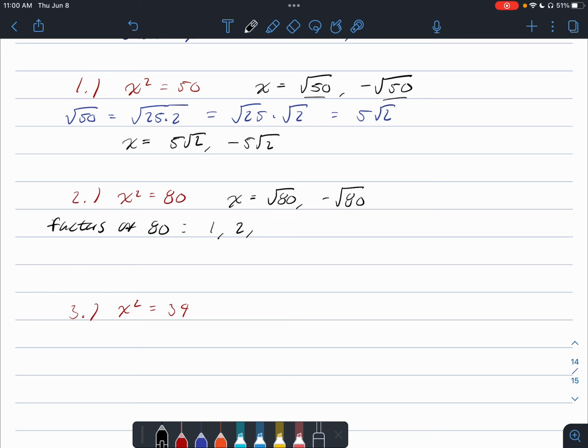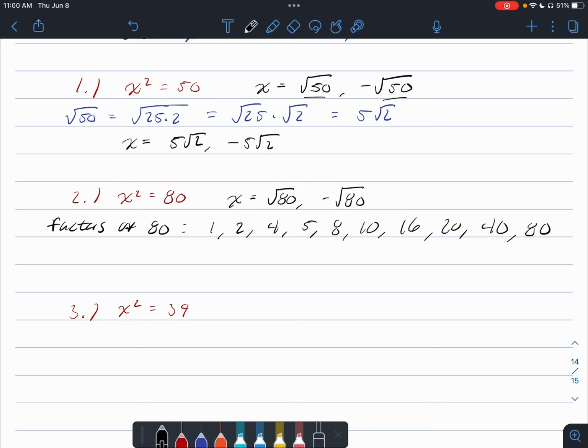So we have 1, 2, 4, 5, 8, obviously, 10, 16, 20, and 40, obviously, and then we'll have 80 itself.